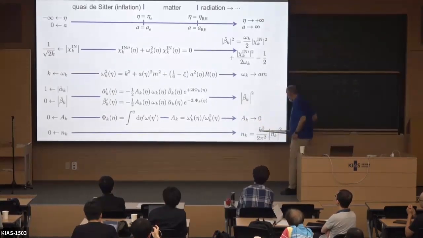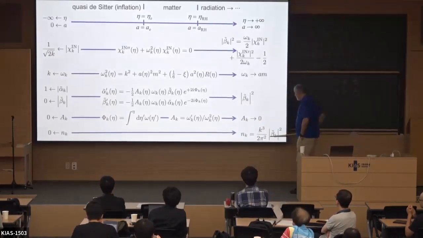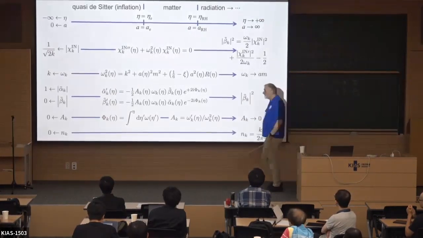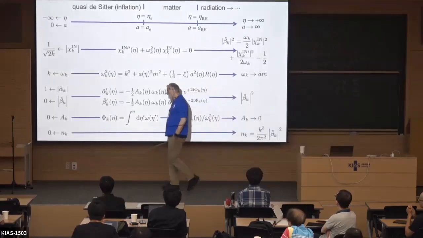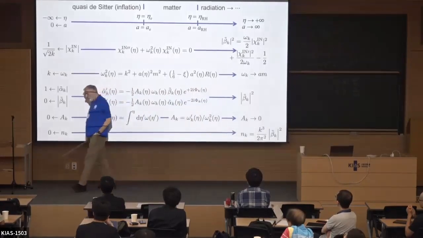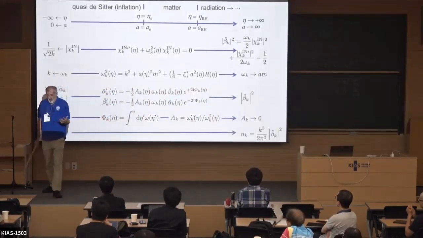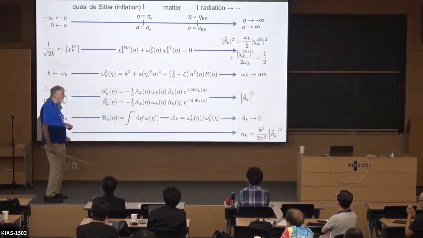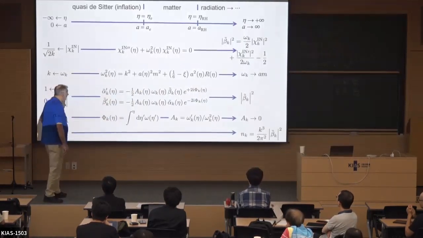N sub k is k cubed over 2 pi squared times beta of k squared. This starts at 0, with the assumption that for the vacuum we don't have any particles at the initial state.